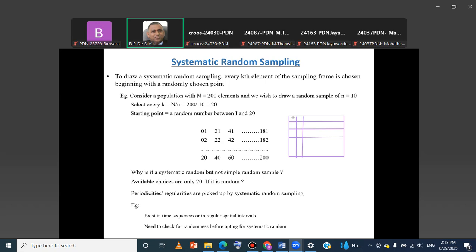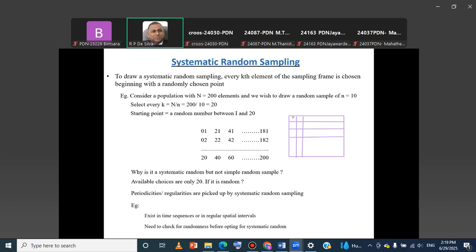And then it says periodicities and regularities are picked up by systematic random sampling. So it will help you to identify a periodicity. We call it periodicity if something is happening in periods, like in school, we have periods.